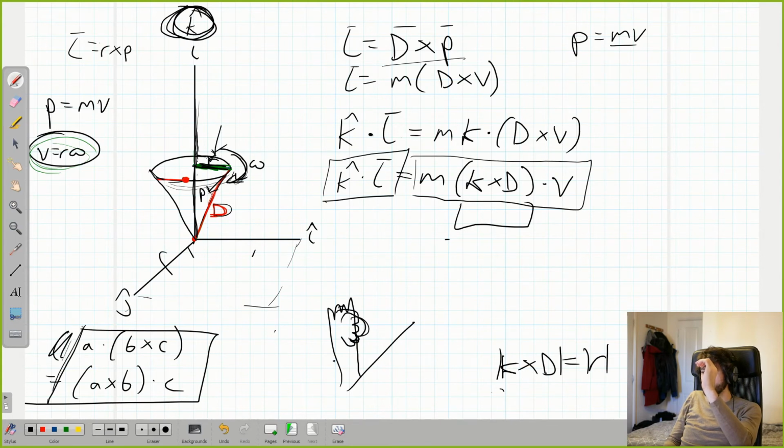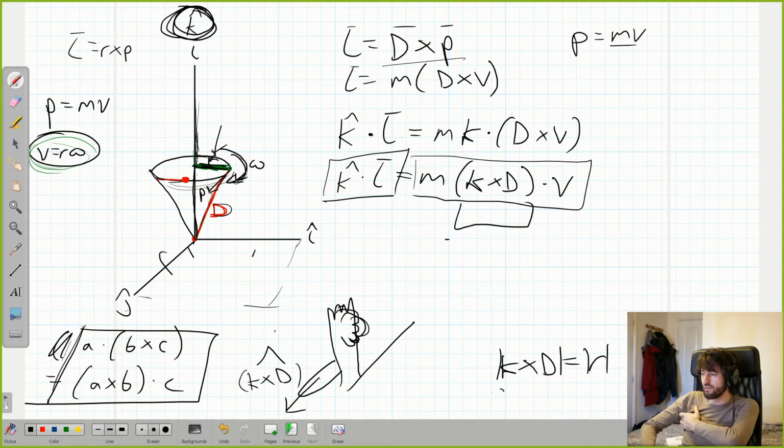Then our thumb is going to be sticking out here. So this thumb is the direction of K cross D. So the magnitude is R and the direction is this way, which happens to be the direction of the rotation.